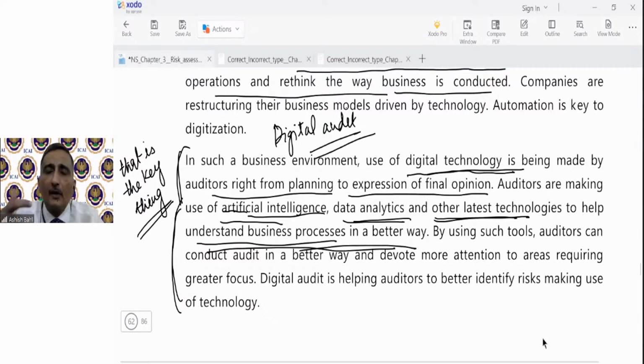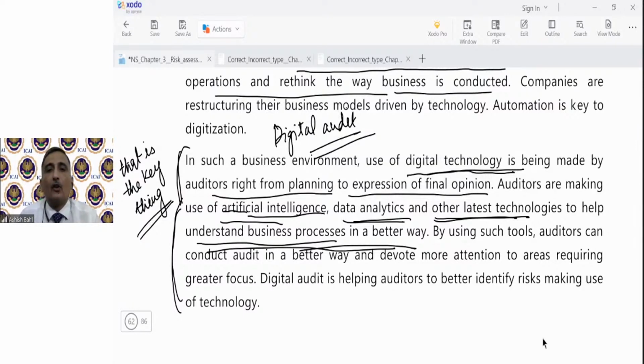It is also a continuously evolving area, and many new things are happening in this area. Many interesting things are happening, and probably by the time you qualify as chartered accountants, you would see that many new developments have taken place by the time you join the profession.